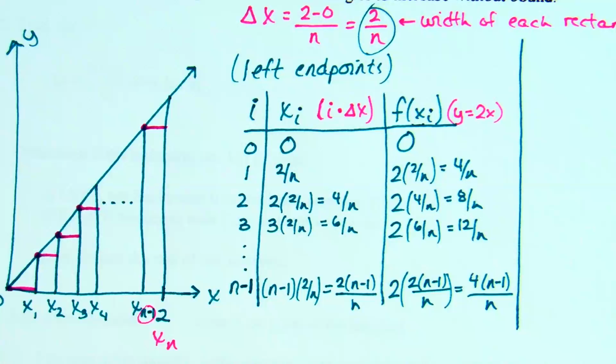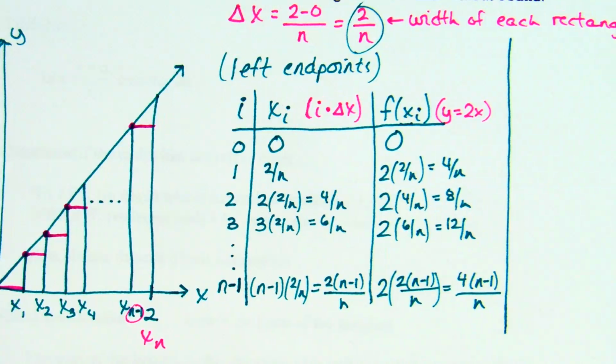And just like how we did these when we had a set number of rectangles, it's the width of each rectangle times the height of each rectangle. Now, generally speaking, remember what we did is we put that width out front, and then we'd add up all the heights. So we didn't have to do width times height, width times height, and add those all up. So we're going to do that same thing.